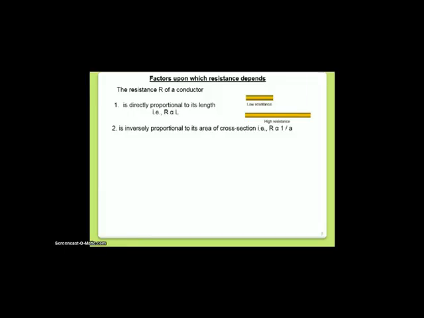Now the other factor is the area or the size of the sample, and this time the relationship is inversely proportional. That is, if you have a wire of higher area, the resistance is found to be lower, and if you have a smaller area, then the resistance is found to be high.